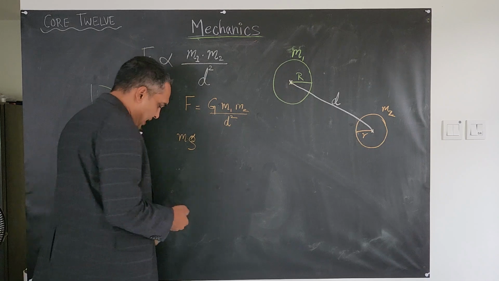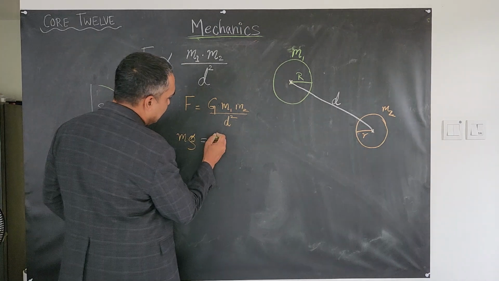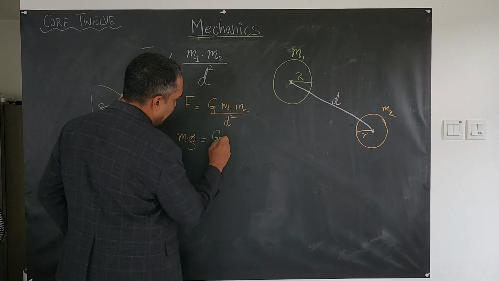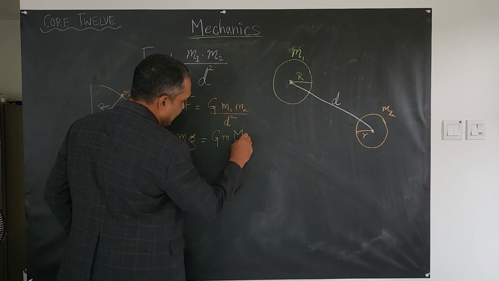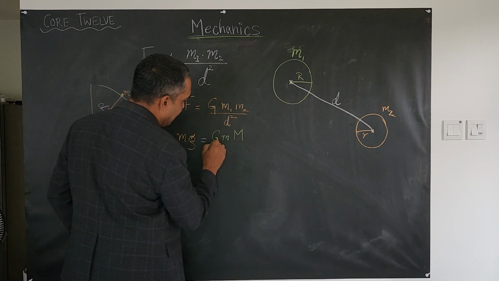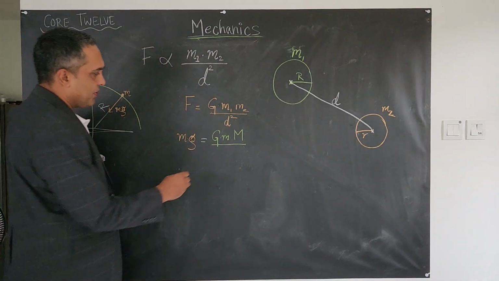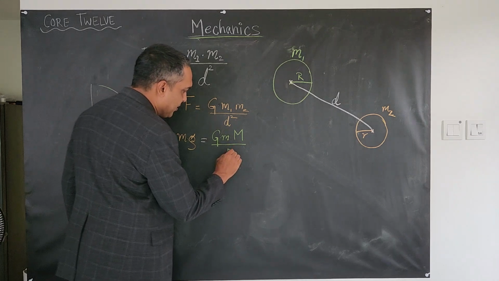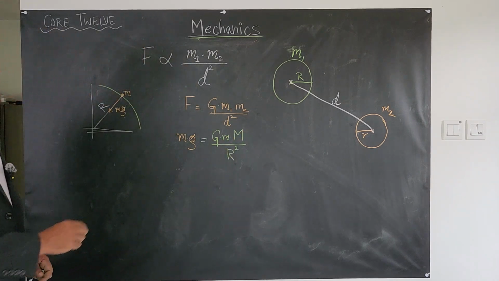It would be equal to saying mg is equal to G times my little m times a huge M, sometimes written as M_e for the mass of the Earth, divided by d squared. D squared is nothing but r squared now, the radius of the Earth, sometimes written as R with a little e, but that's effectively what you get.